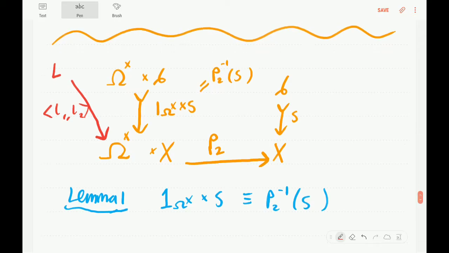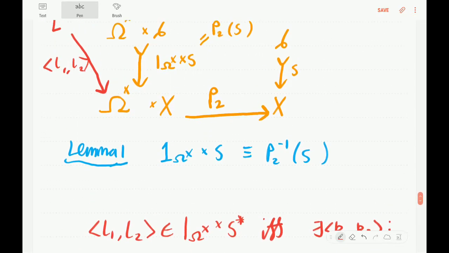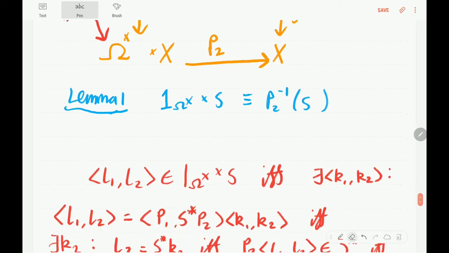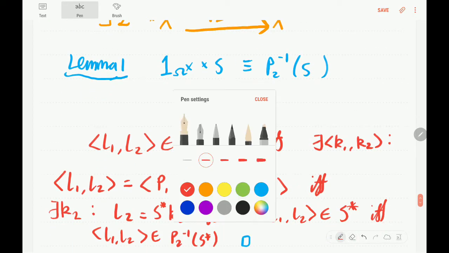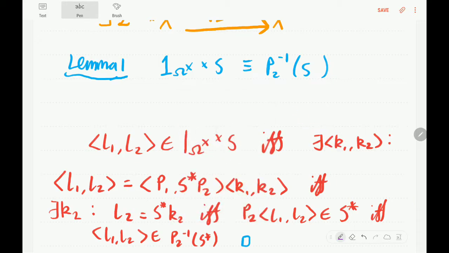Okay, so let's do this. So suppose that L1 comma L2 is in identity times s. Well, that holds if and only if there exists K1 comma K2 such that L1 comma L2 is equal to identity times S after K1, K2.